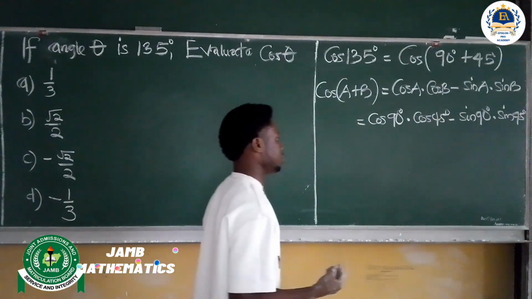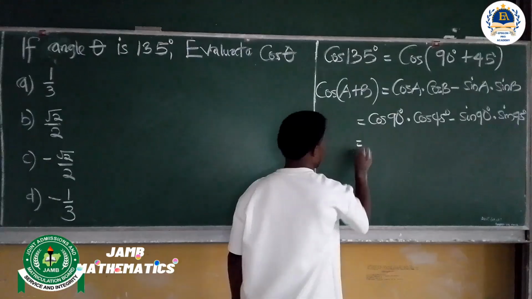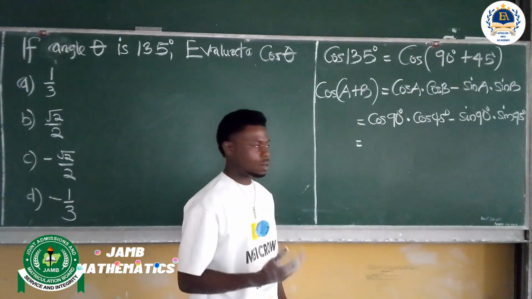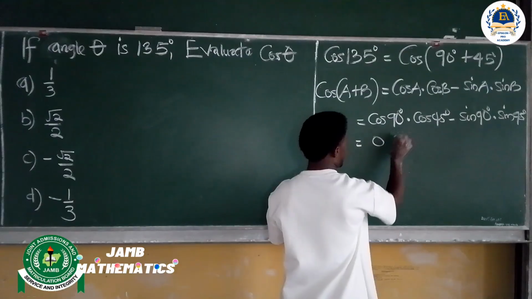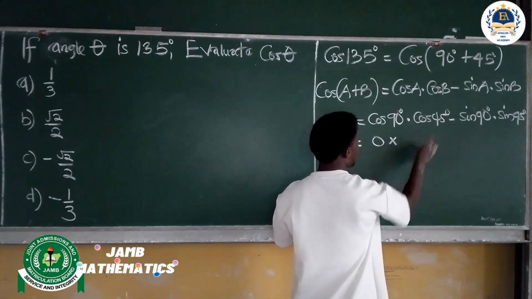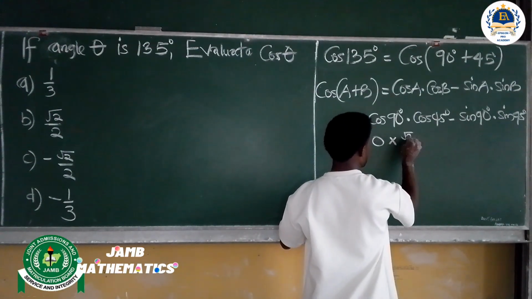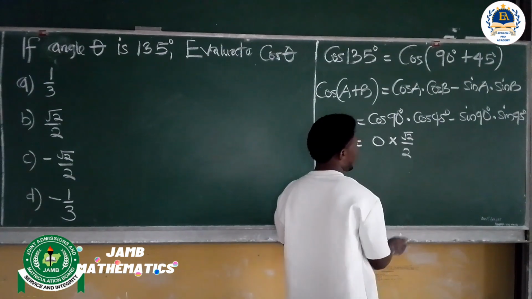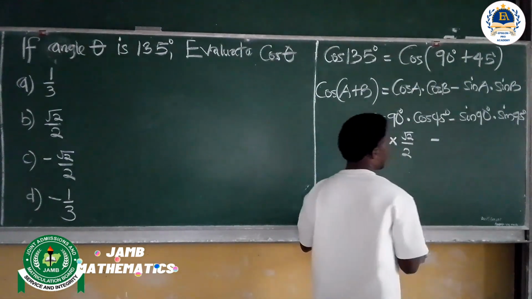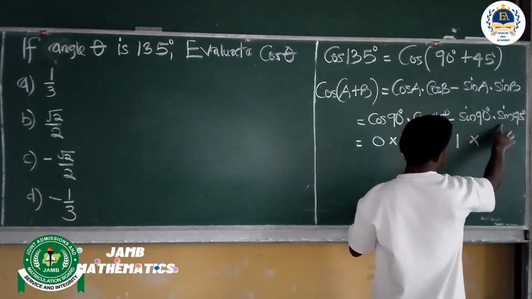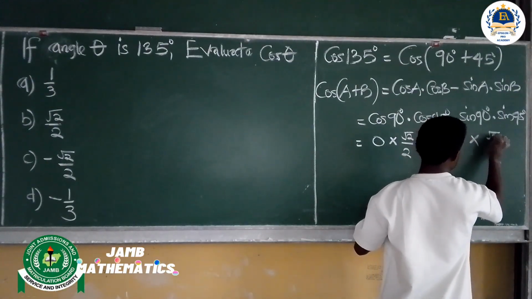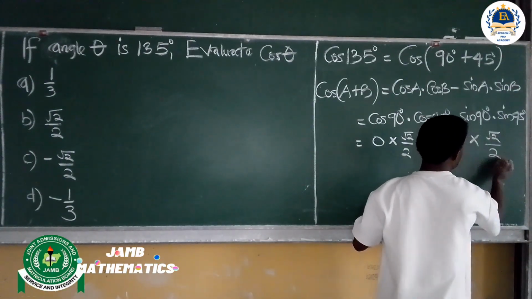Okay. So in ratios of special angles, cos 90 degrees is 0 times cos 45 degrees is root 2 over 2, minus sin 90 degrees is 1 times sin 45 degrees is root 2 over 2.